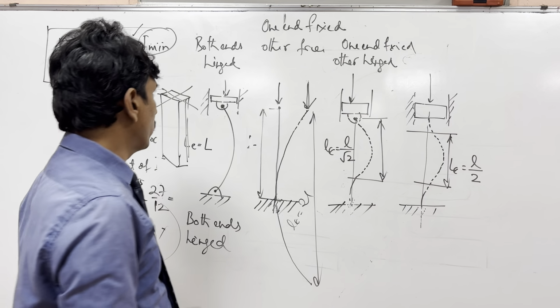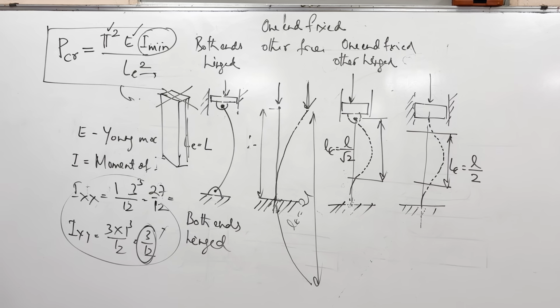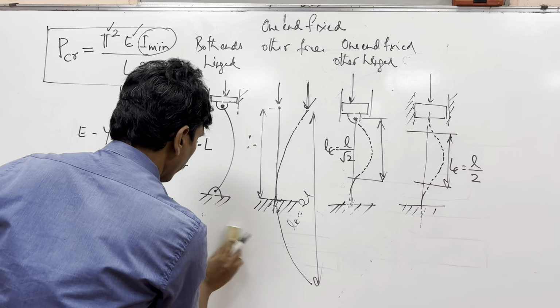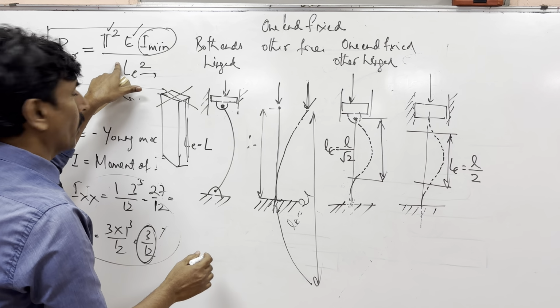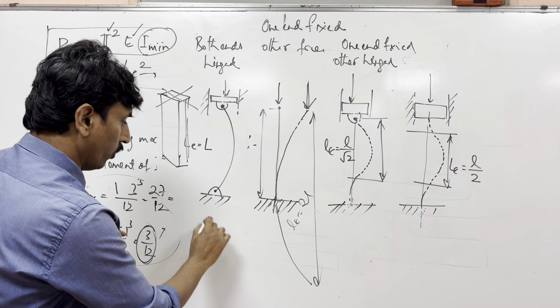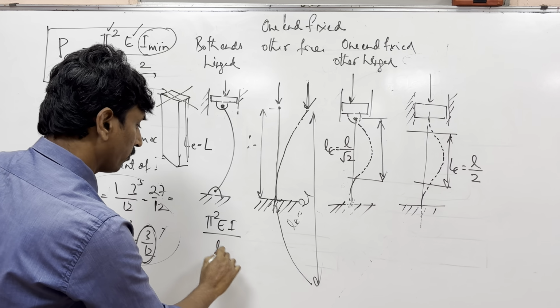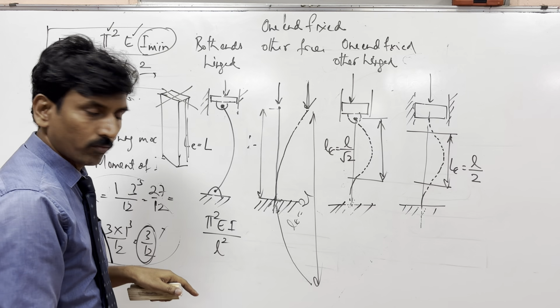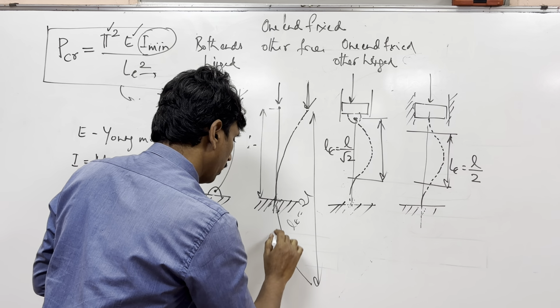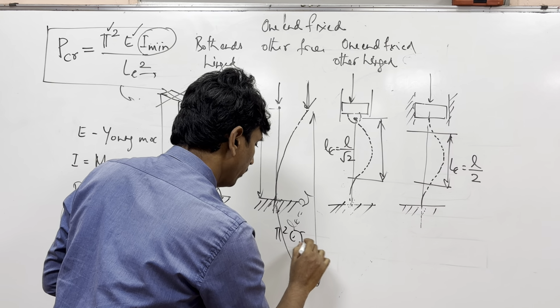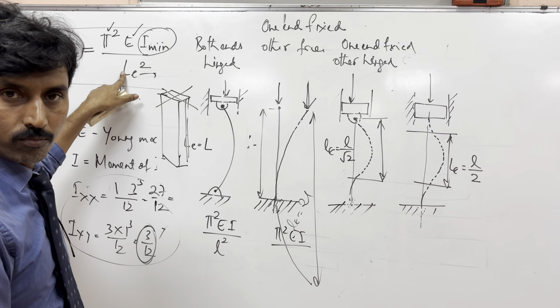For that end condition you should substitute. Okay, if you write these formulas here and substitute these values, for this case it is pi square EI by L square. For this case, it becomes pi square EI by how much?